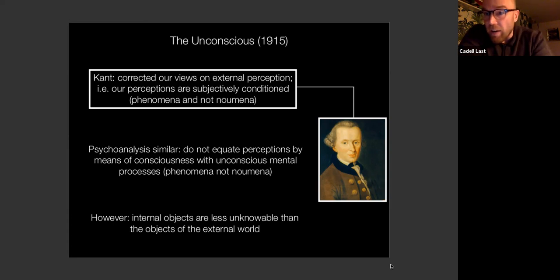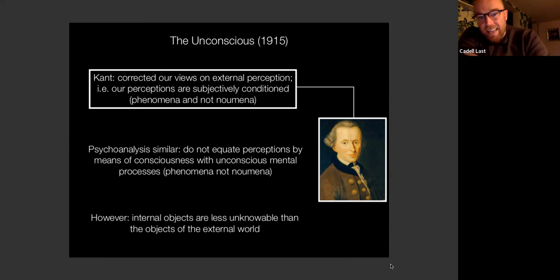Freud suggests that psychoanalysis is similar, although this is moving the same logic into an internal relationship. So we do not equate perceptions by means of consciousness with unconscious mental processes, again, phenomena and not noumena.